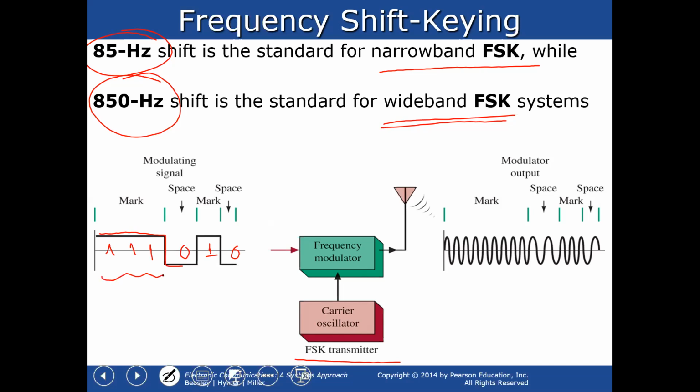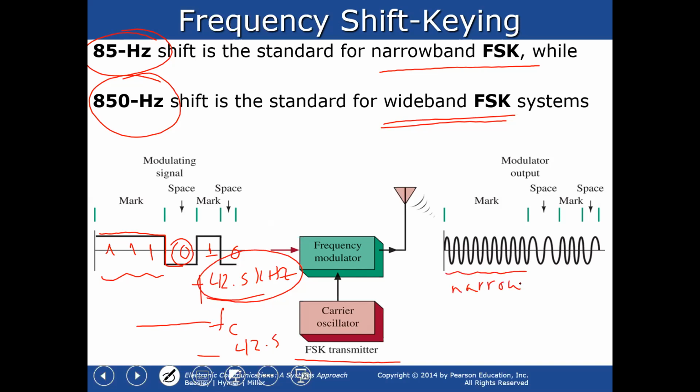Whenever I have a one, I will go above my FC by 42.5 hertz, if I'm in the narrow band, and whenever I see a zero, I will go below my FC by 42.5. Here at the higher frequency the waves are narrower, and in the space it's a little bit wider because it is lower frequency. That's how you are modulating your data. So it is related to the frequency and a certain increase and decrease of that particular frequency.